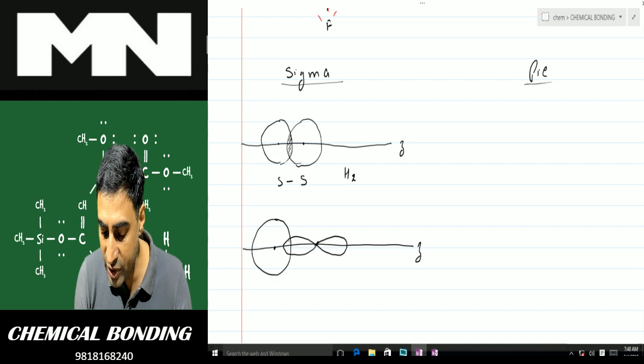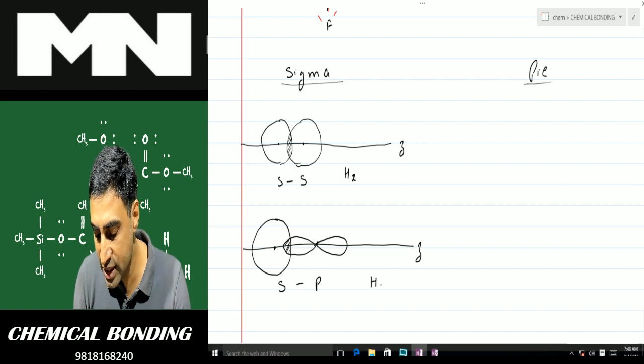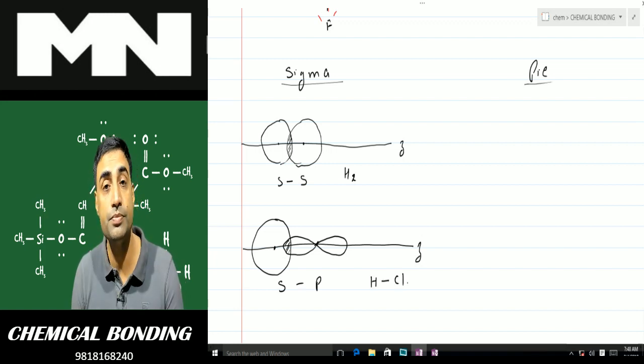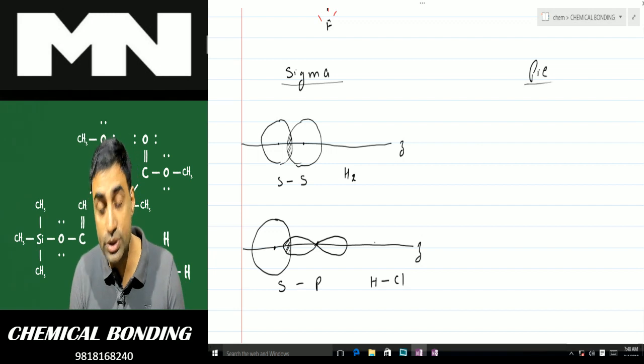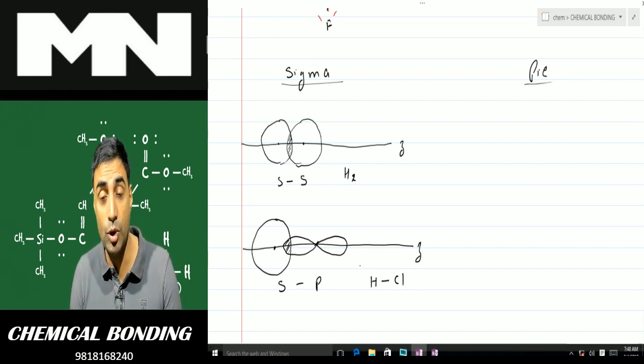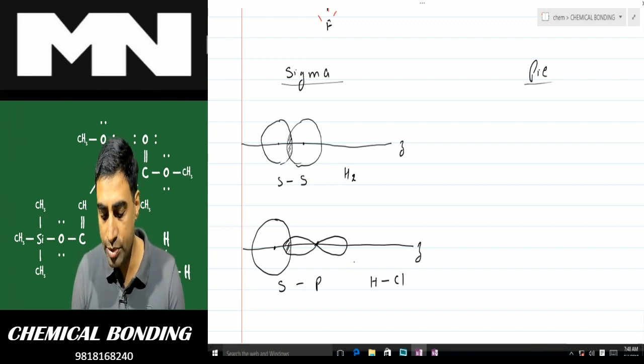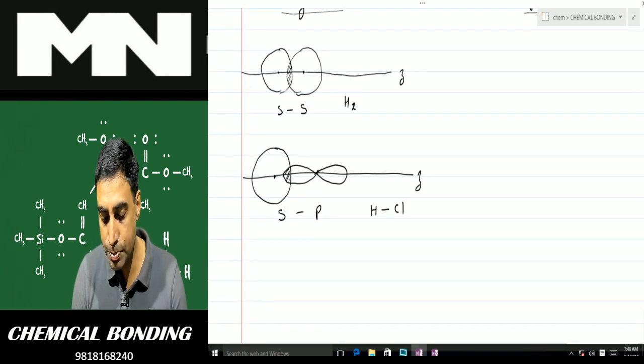They are overlapping with each other to form this bond. So this is between s and p. The molecule is HCl. In both these bonds, you will see a common thing is that the bond is formed by head-to-head overlapping or head-on overlapping of two atomic orbitals. It is formed between s-s and s-p.